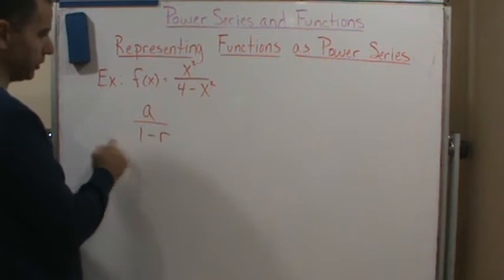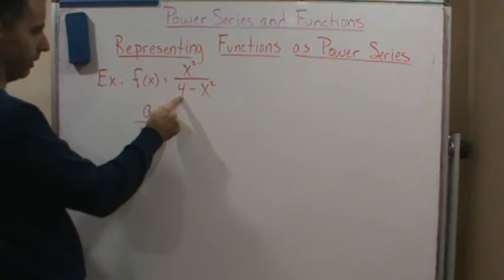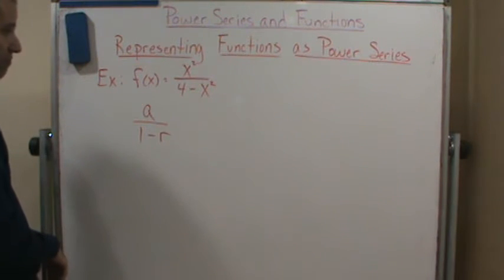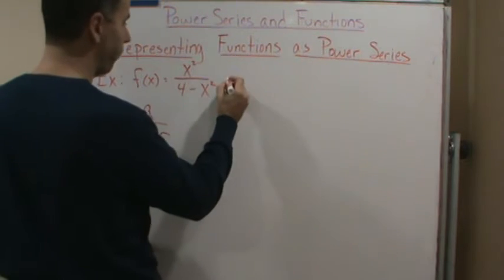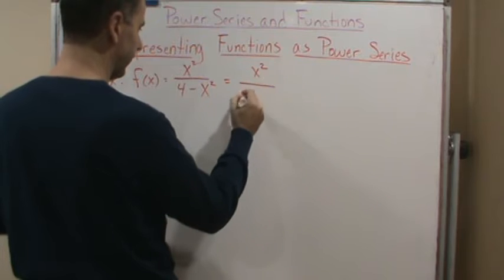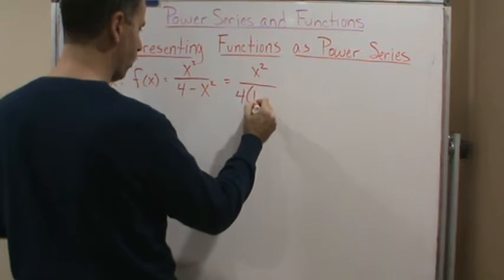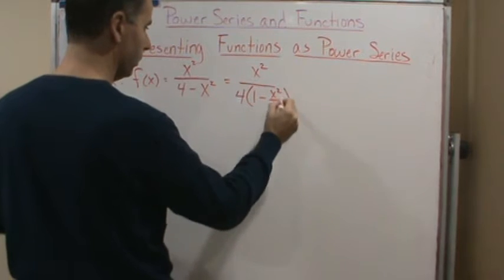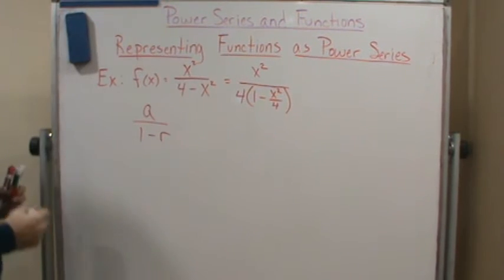Well, I'm going to have to factor, right? I got a 4 here, so I'm going to have to factor out the 4. If I factor out the 4, what does this give me? It gives me x squared over 4 times 1 minus x squared over 4, right?